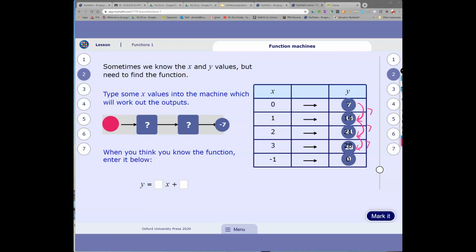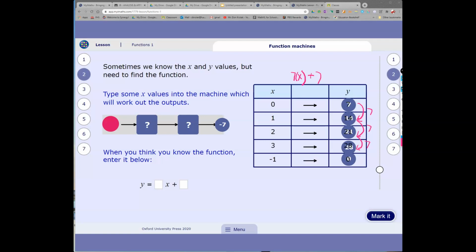So something's happening with that 7, and in the previous example, we noticed that whatever the common difference was, that was getting multiplied by the input, and then something else was being done to it. So let's see, if we multiplied 0 by 7, we'd get 0, and then to make it into a 7, I'd have to add.